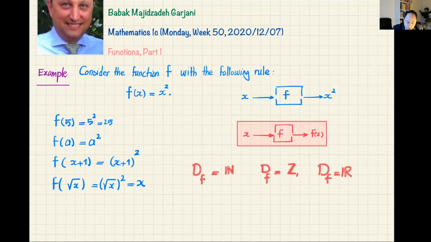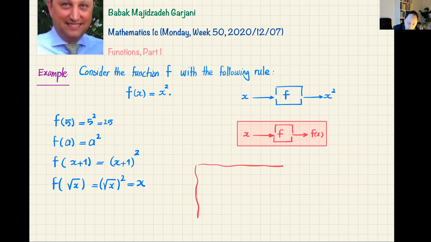This is a convention again. If I don't talk about the domain, you need to consider the largest set possible. Okay. Let me just talk a little bit about that, even though you don't need to know all of these things.